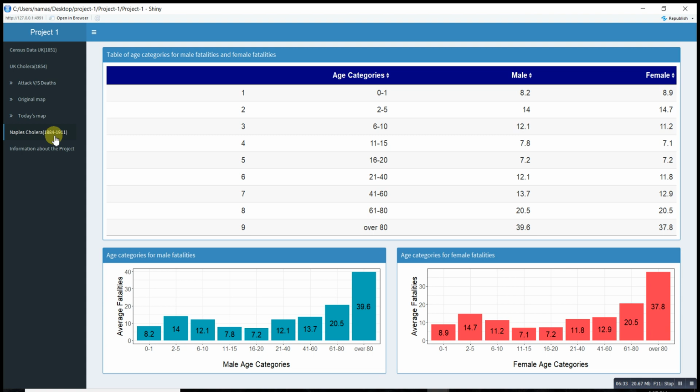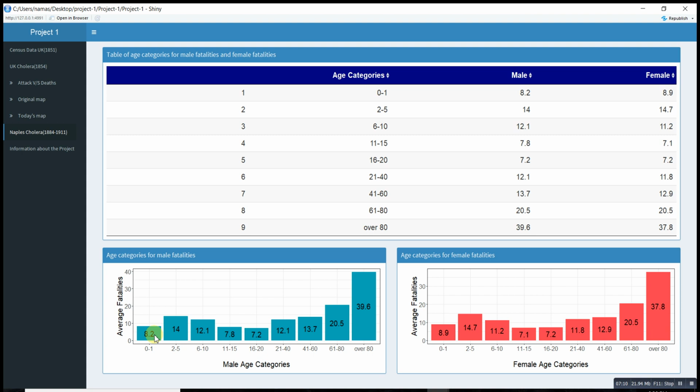As you can see, here are the age categories similar to what we showed in the census data of UK, just that over here age categories are mapped to the average deaths that have occurred for the Naples cholera. For the same table, we have made a bar chart showing the average deaths on the particular age category.